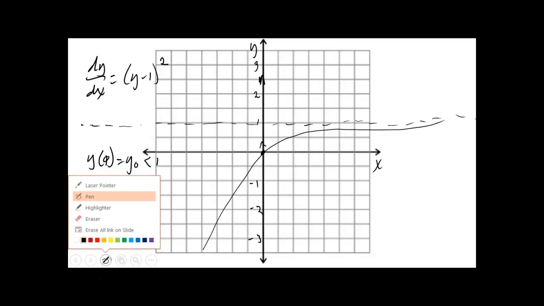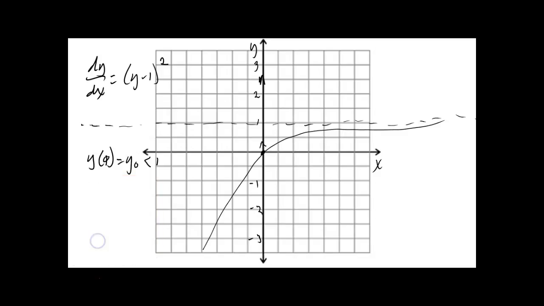Red. So what if we knew that y at 0 was equal to 2? And that, of course, is greater than 1. When x is 0, y is 2, so you're right there. And which way is it heading there? Uphill again.